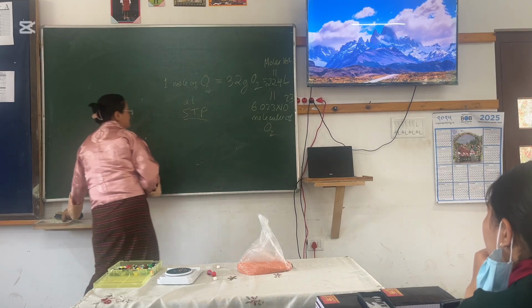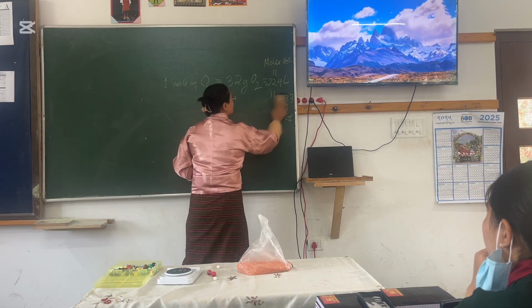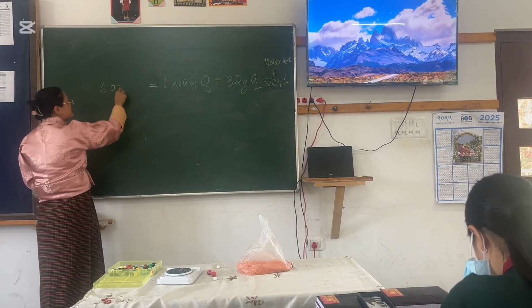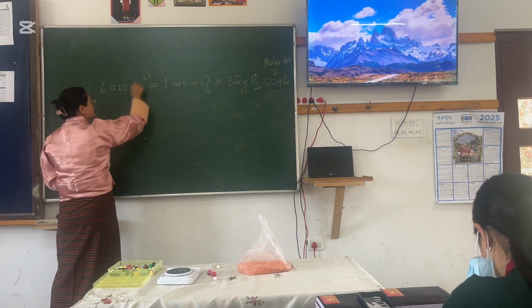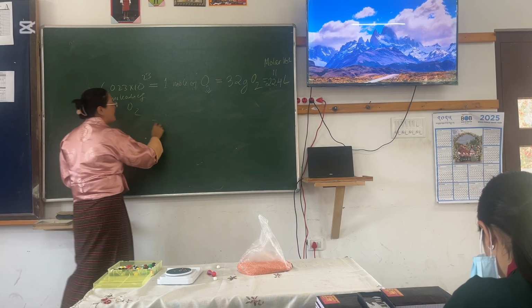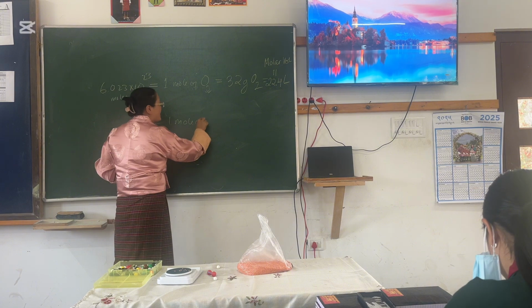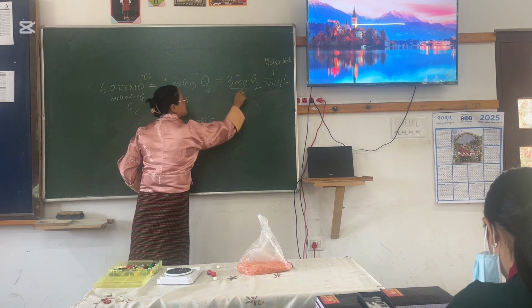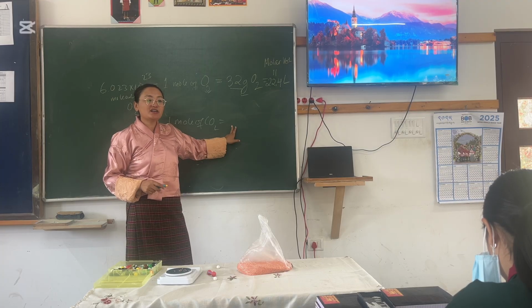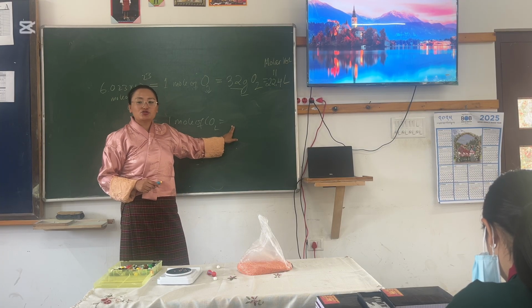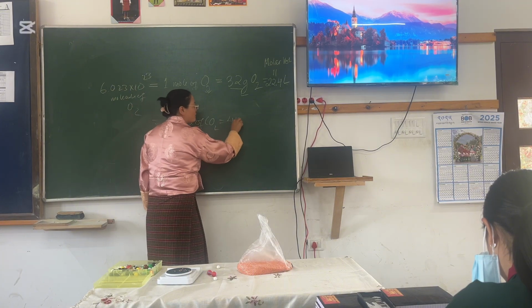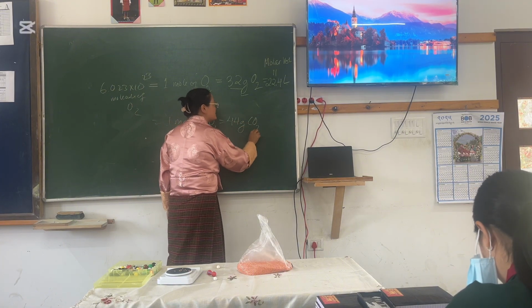Okay, now let's take another example. Here, 1 mole means we have 6.023 times 10 to the power 23 molecules of O2. Now, if I say bring me 1 mole of CO2, in terms of weight, how much are you going to weigh? CO2, carbon dioxide, is 12 plus 2 into 16, 44 grams of CO2.